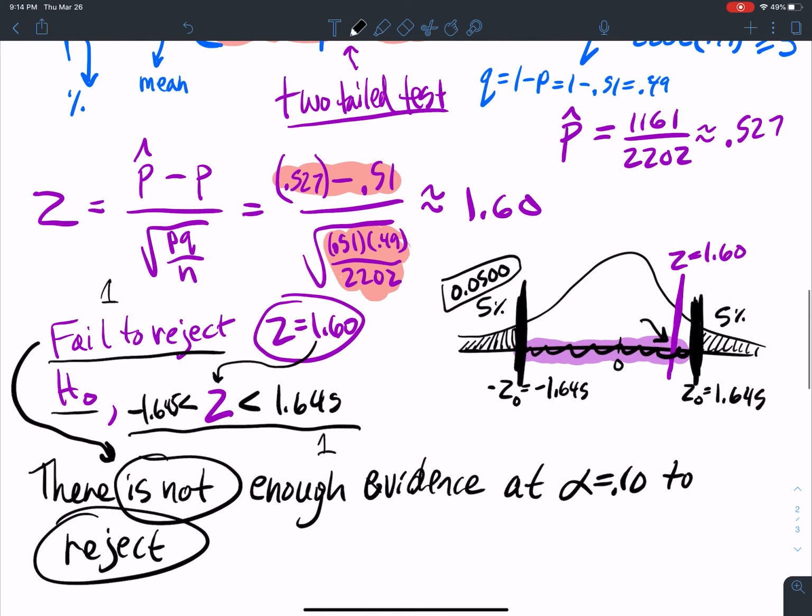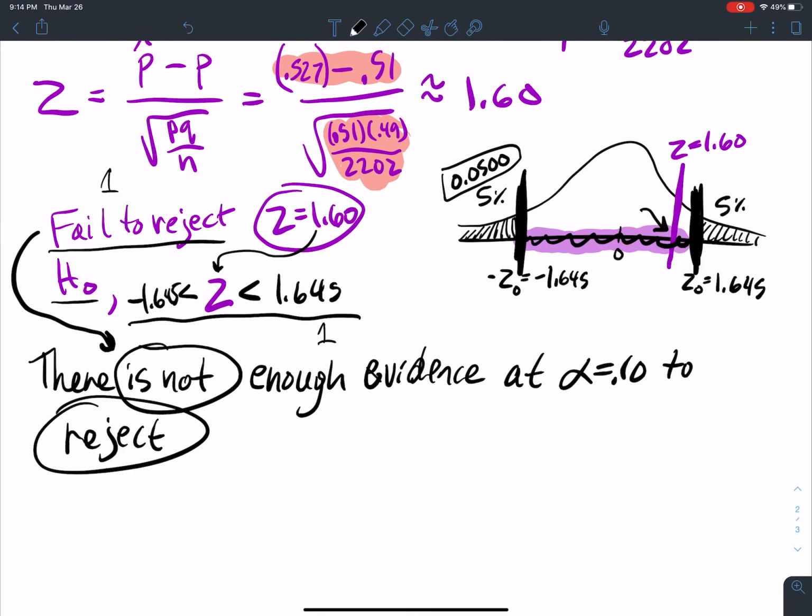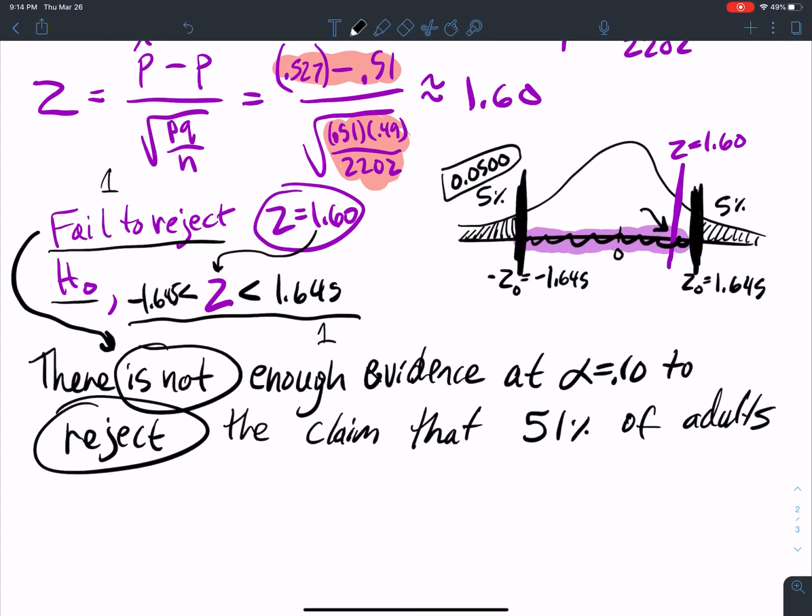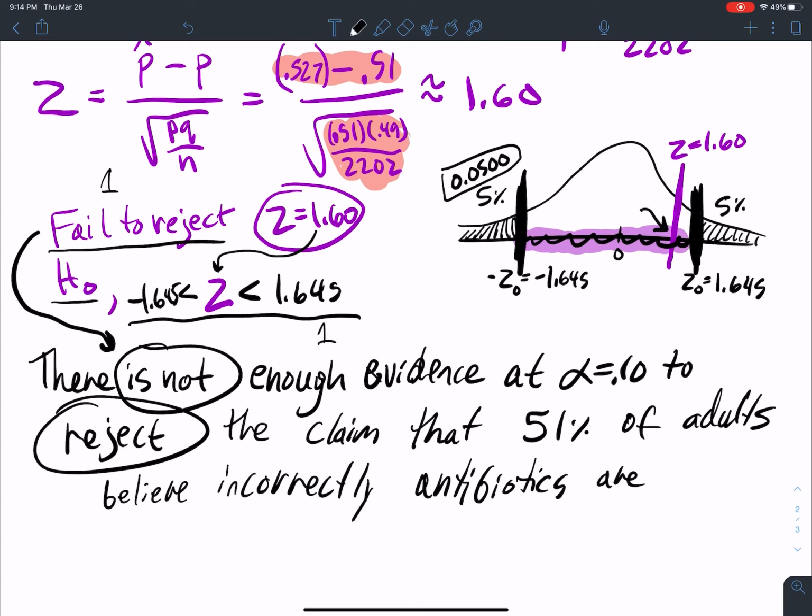The only thing I can do with the H0 is reject the H0. So reject the claim that 51% of adults believe incorrectly that antibiotics are effective against viruses.